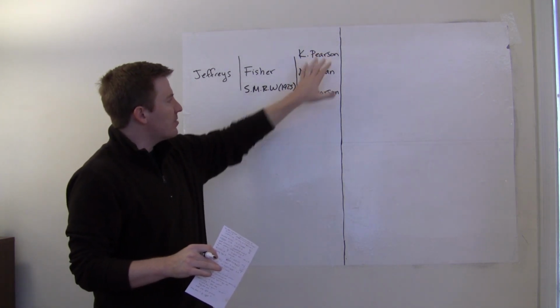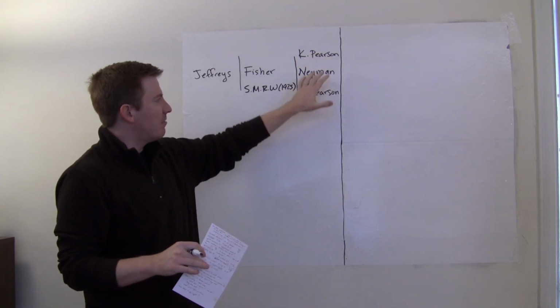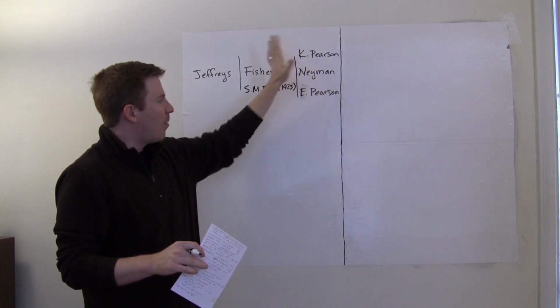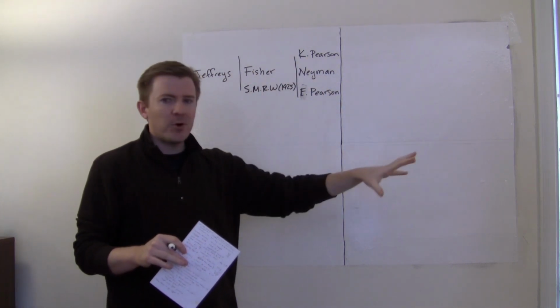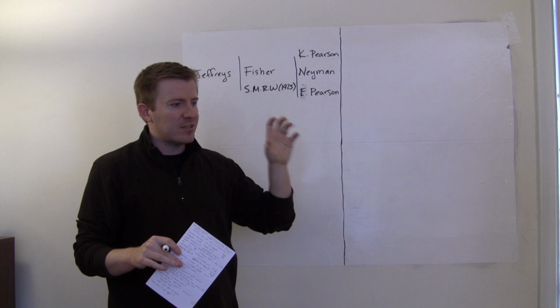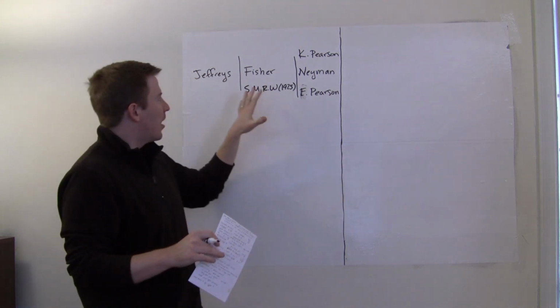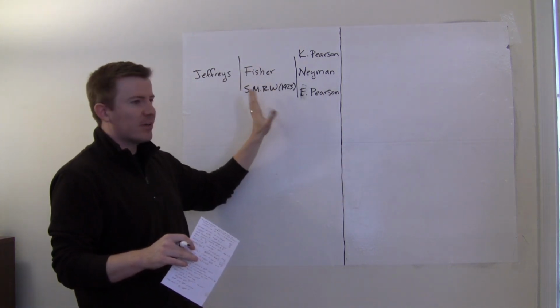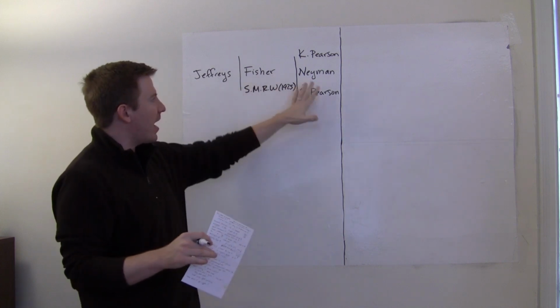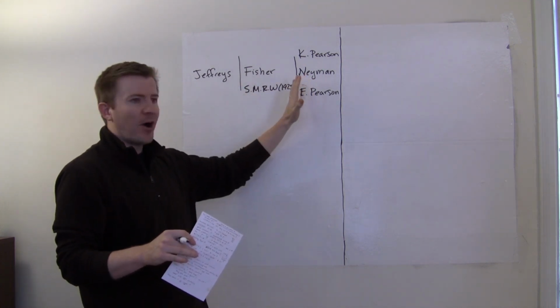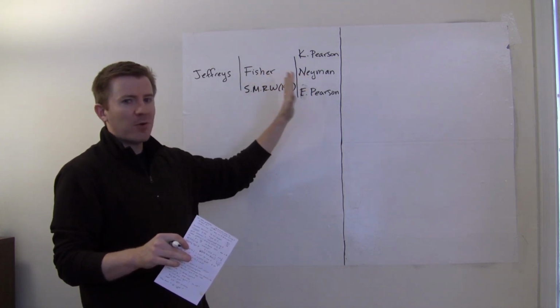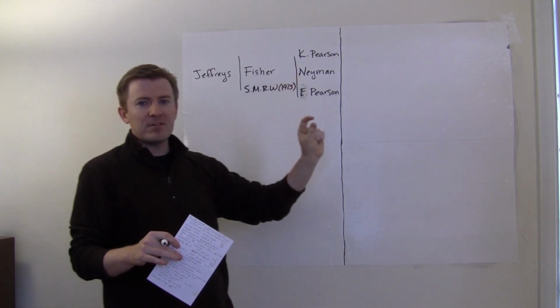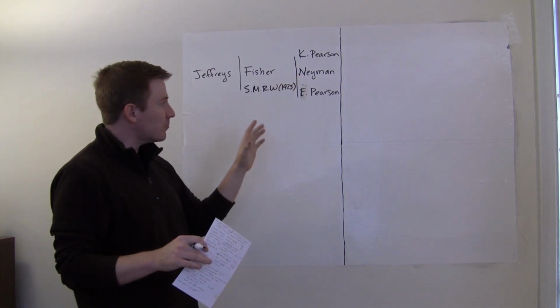So Pearson and his son, Egon Pearson, together with Neyman, do one program of statistics and statistical inference. Fisher, in his work, develops a different program, and they have many arguments between them about the right ways to do things and the finer details of what they're doing.